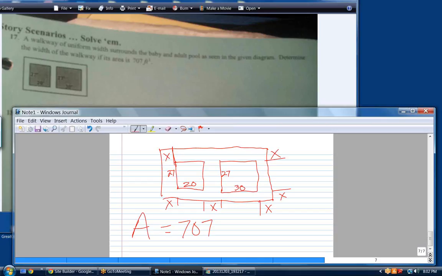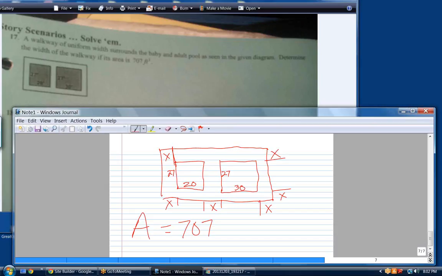Notice that there are a couple of ways we could do it. We could break it up into a bunch of rectangles. And we pretty much know the dimensions of all those rectangles as a function of x. And we would have an equation that 707 is equal to some quadratic. We'd have to solve it for x.